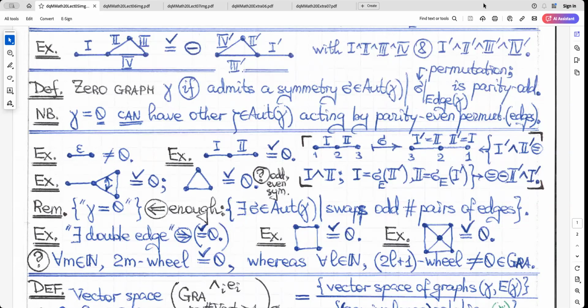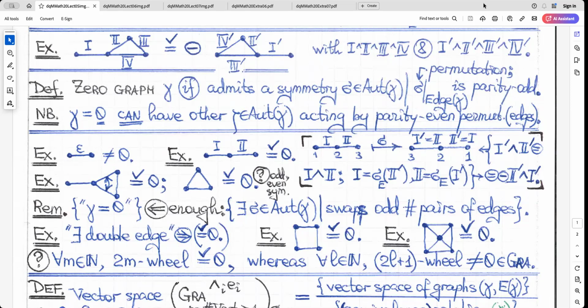So it is not elementary. But an odd number of pairs going one to another is a sufficient condition which in practice very often helps you check: if an odd number of pairs are interchanged, and nothing else happens, then you get a zero.